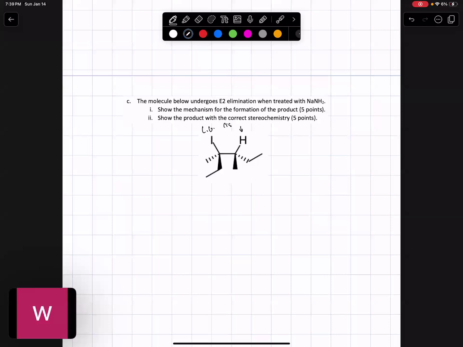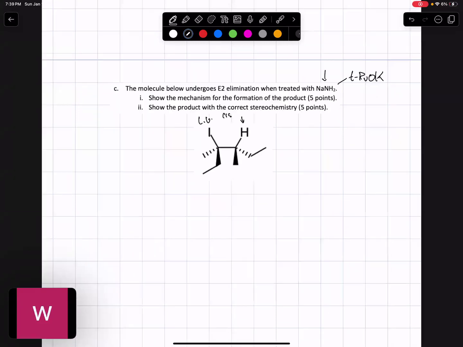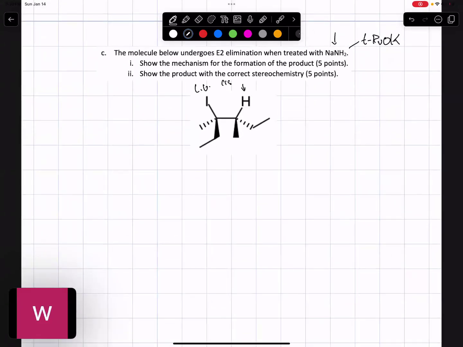And so I'm going to let me just redraw this because this is saying it's being treated with sodium and H2. This is just a base. For E2 reactions, we're just going to give you tert-butoxide, but think of this as tert-butoxide. And so I'm going to redraw this, but on the other side, I'm basically going to flip this molecule.